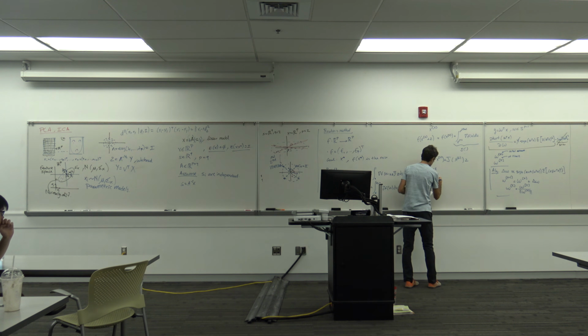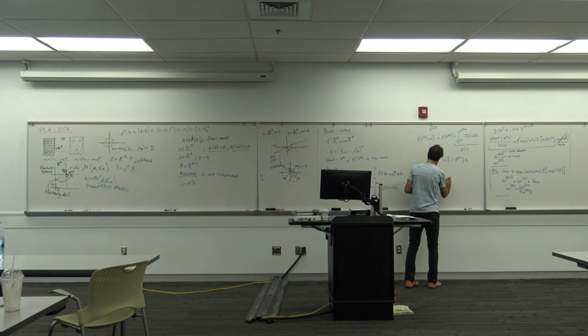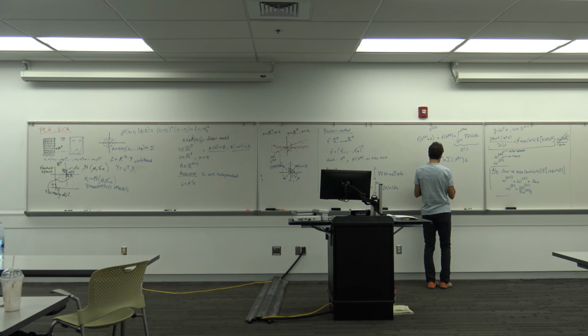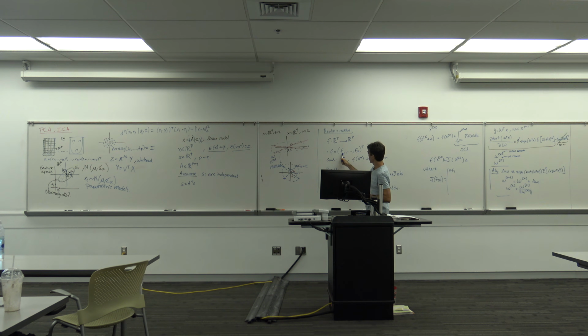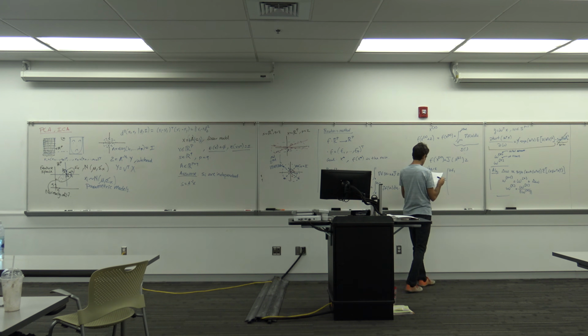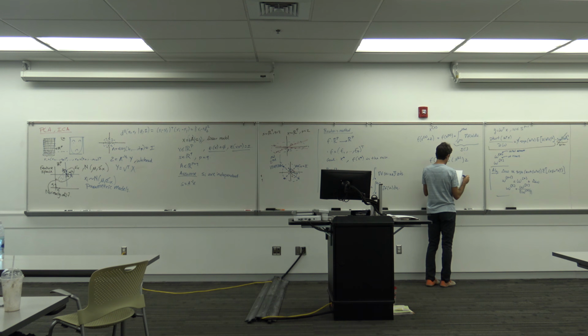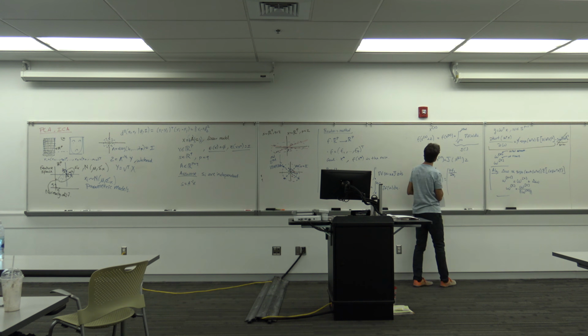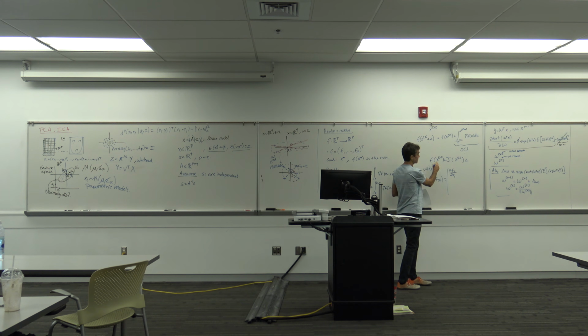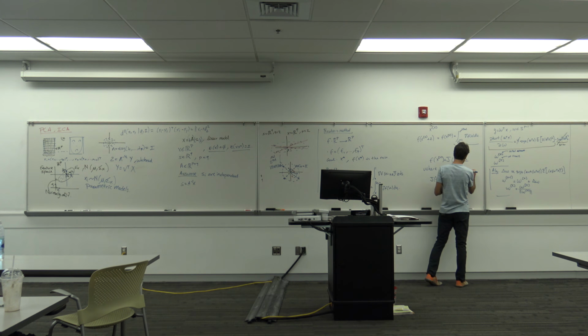So the Jacobian of f of x is equal to the partial derivative of f1, these are my functions that I have here, with regard to x1, so x is my vector x1 through xp, all the way to the partial derivative of f1 with respect to xp.